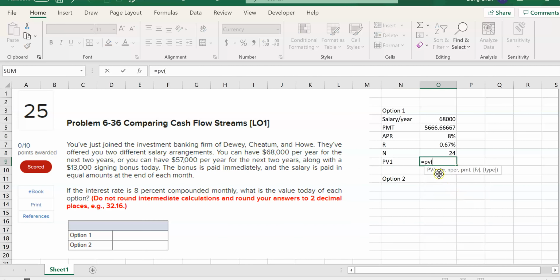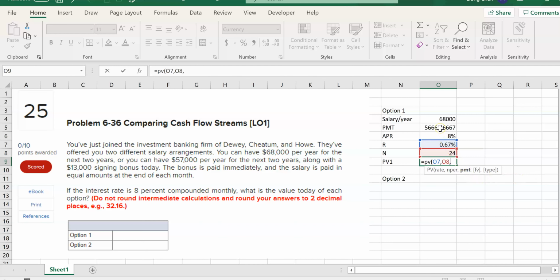The first argument here is rate. That's the monthly interest rate, because every number should be quoted in monthly terms. The second argument is NPER, the number of annuity payments, so that's 24 here. The third argument is payment.